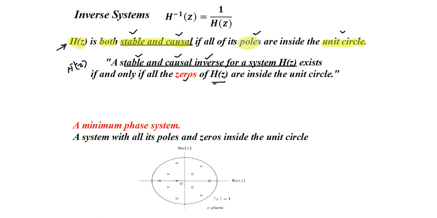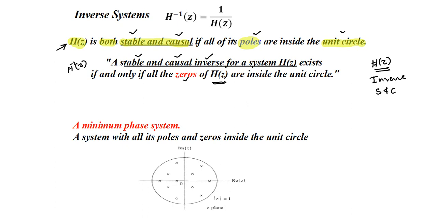It's very important. We will verify with respect to h of z. Assume that we don't have h inverse of z, only h of z. With respect to h of z, we need to verify whether the inverse system is stable and causal.